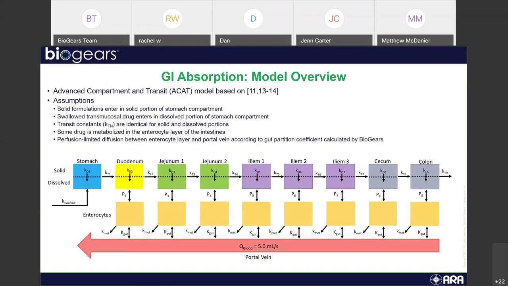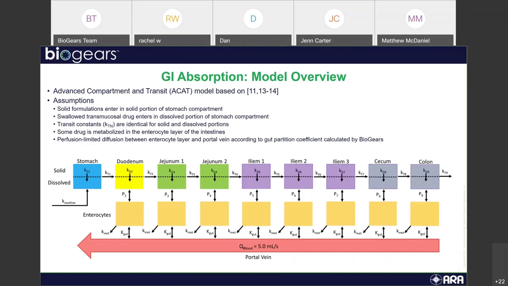So we assume that there are the stomach compartment, and that the small intestine is divided into a series of different compartments, each of them with different volume, surface areas, pHs. And we assume that each compartment has a solid and a dissolved portion to it.